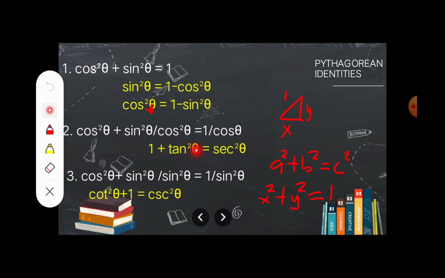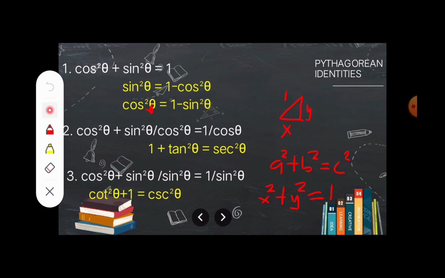So we have tangent squared theta plus 1 equals 1 over cosine squared theta, and from our reciprocal, 1 over cosine squared theta is equal to secant squared theta.